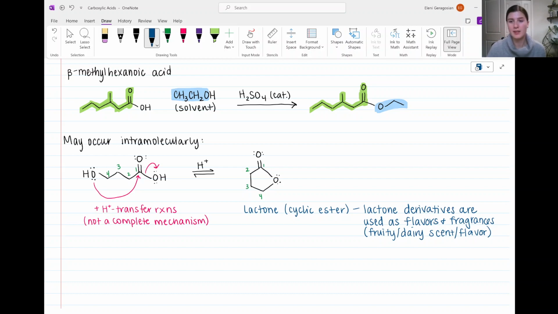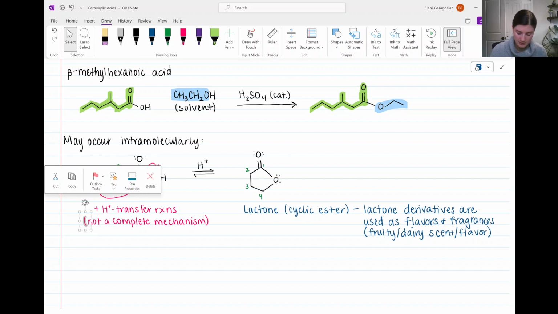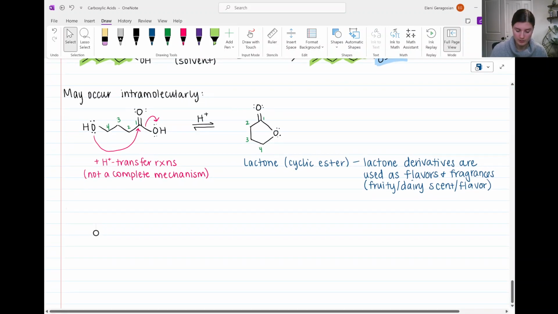Okay, one little bit more to talk about for this esterification reaction. Now we've started with a carboxylic acid and formed an ester. If you take an ester and add a new alcohol solvent, the ester can go through what we call a transesterification process. We won't do the mechanism, but we will show the reaction scheme.